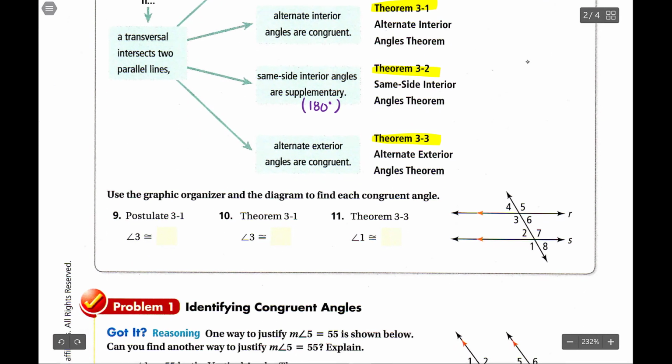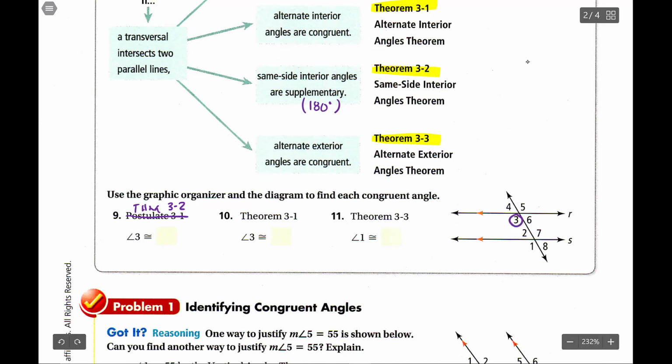Using the graphic organizer here to the right, we want to answer questions 9, 10, and 11. Use the graphic organizer and the diagram to find each congruent angle. So based upon postulate 3.1, which says that corresponding angles are congruent, sorry, that should actually say postulate 3.1.